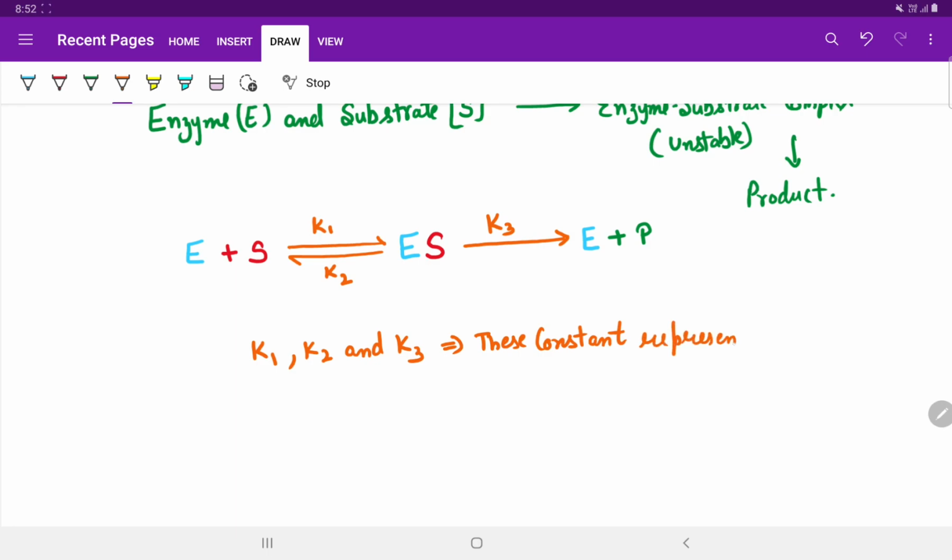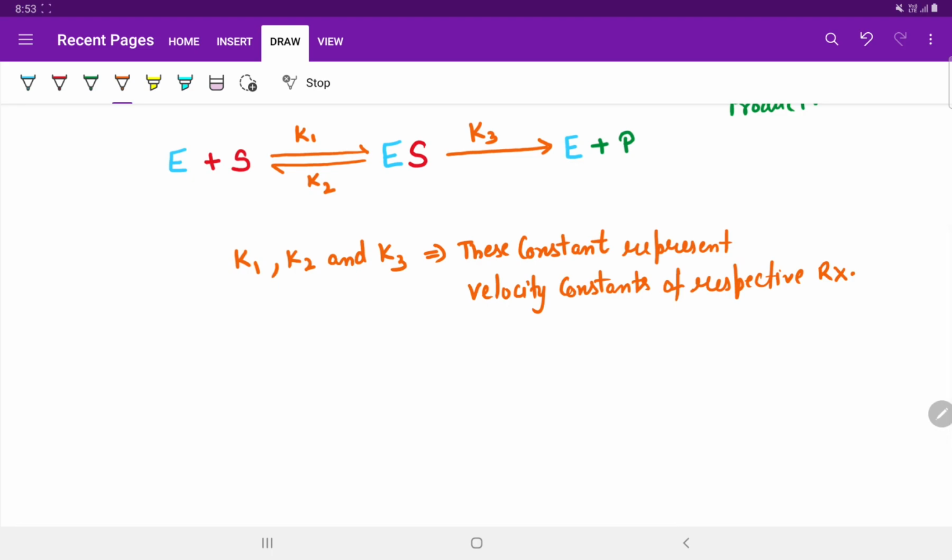And a combined constant known as Km, which is equal to the sum of K2 and K3 divided by the value of K1. So this is known as the Briggs-Haldane constant or Michaelis-Menten constant.